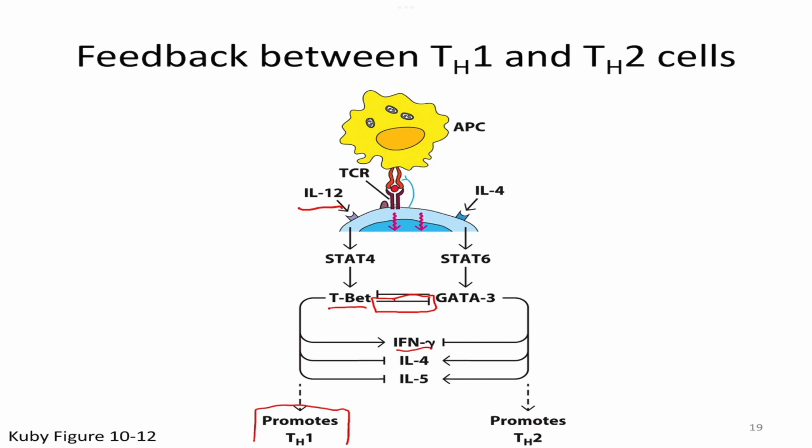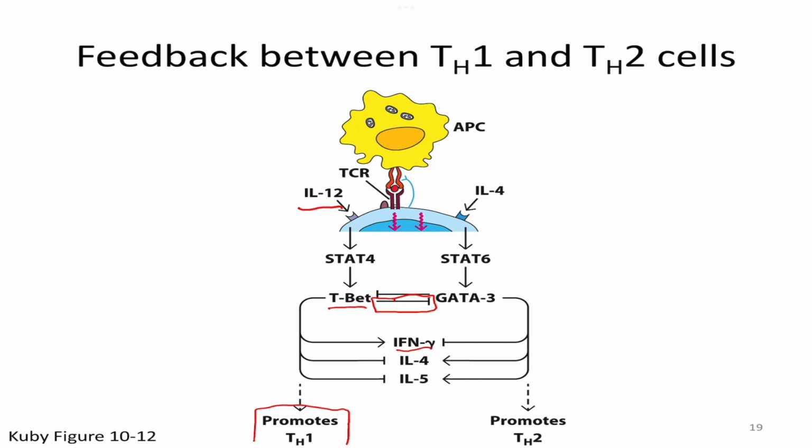Not only does TBAT turn on interferon gamma, it inhibits IL-4 and IL-5. And so once we start making a Th1 response, in response to a particular antigen or in a particular situation, that Th1 response further amplifies itself, as well as inhibiting any Th2 responses that may be going on.